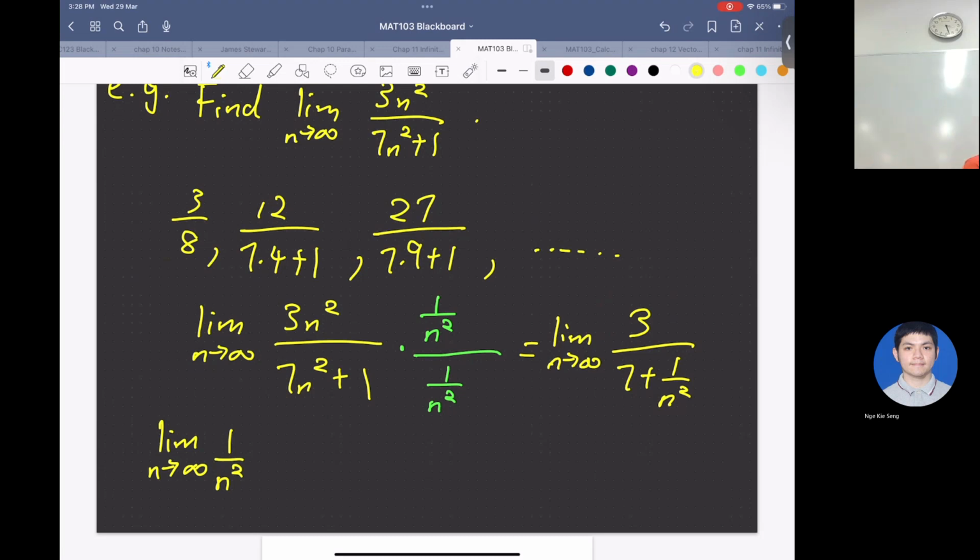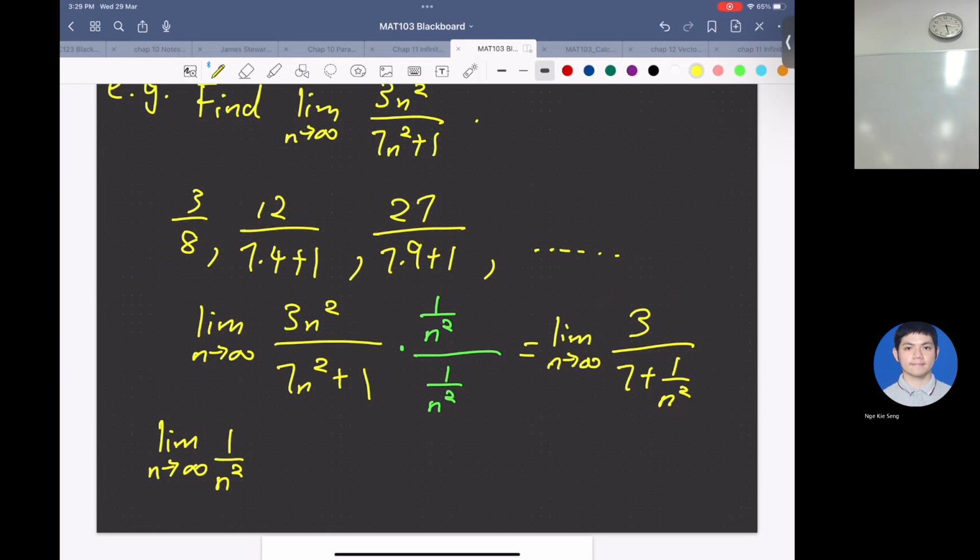Actually, that definition is not very useful, because I didn't precisely tell you what it means by arbitrarily close. But I provided a tool for you. Remember the first tool we learned?